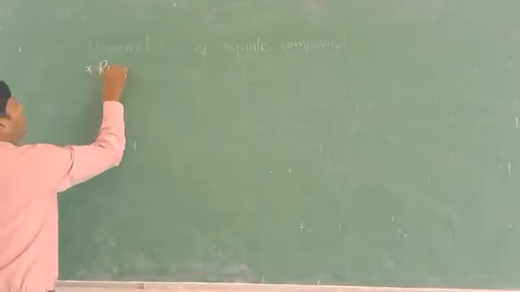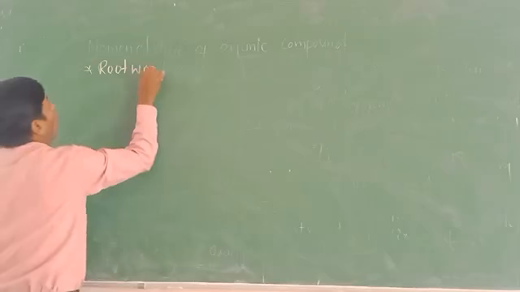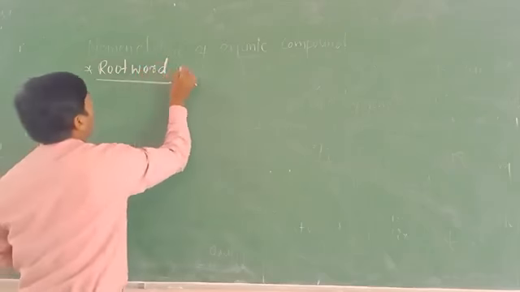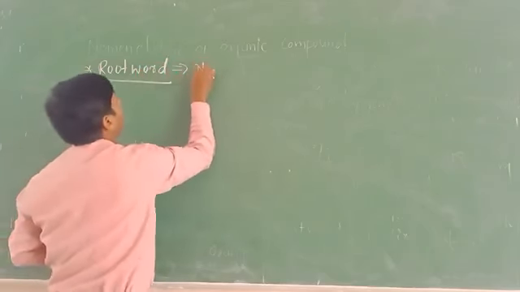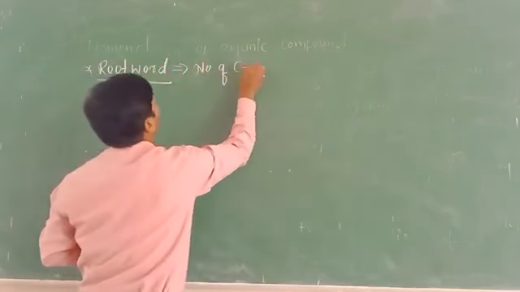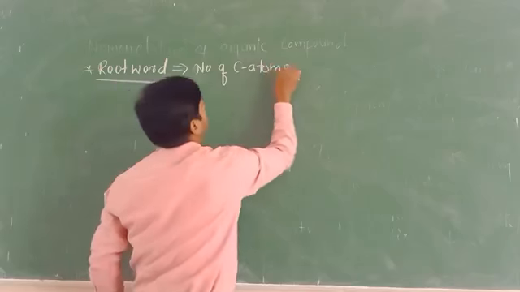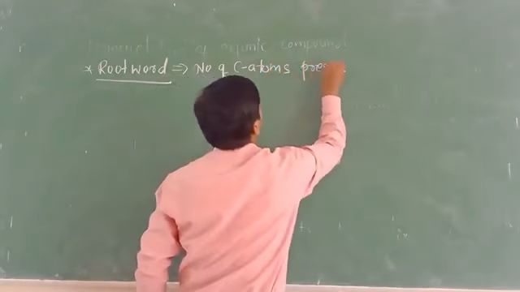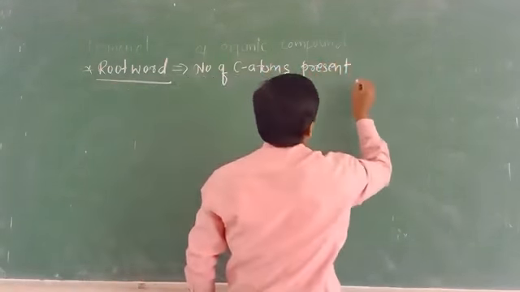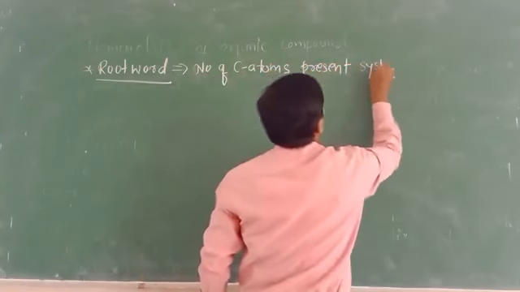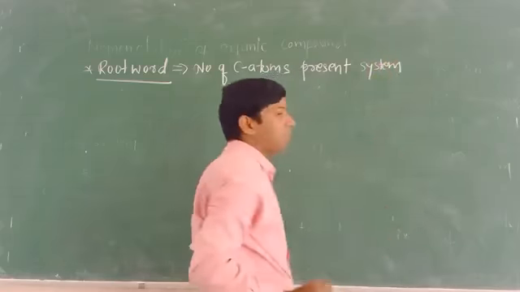Some books mention it as the word root. Root word indicates the number of carbon atoms present in the system. I said system; the system may be open chain or maybe closed chain.